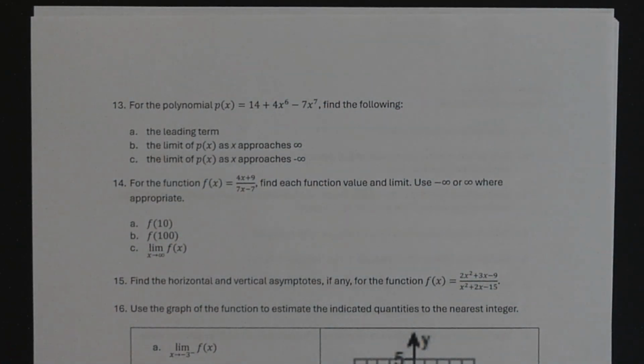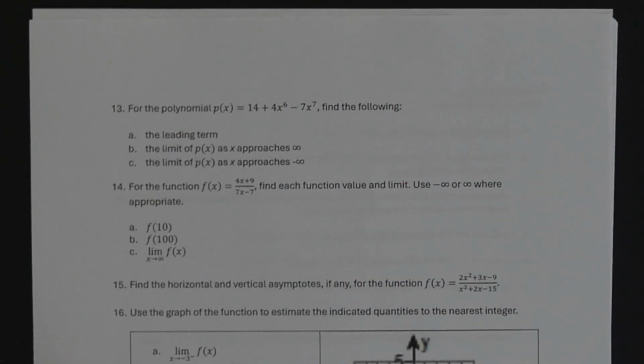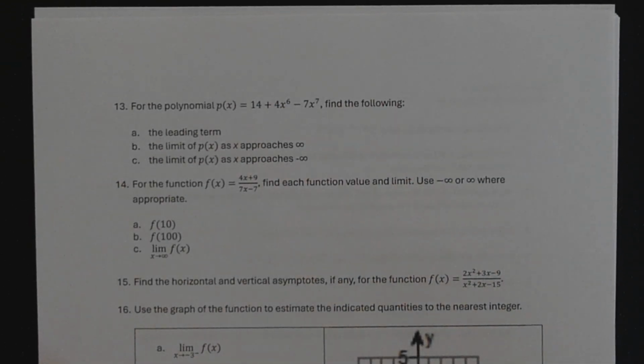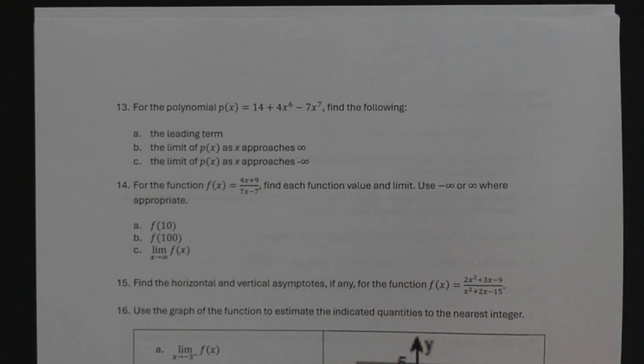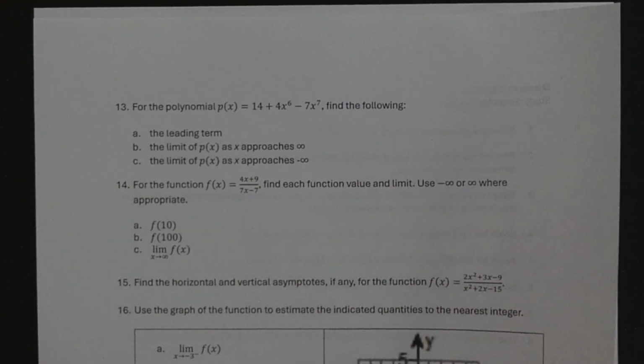For the function f of x equal to 4x plus 9 divided by 7x minus 7, we're going to find each function value and limit, using negative infinity or infinity where appropriate. In part A, we got f of 10, then f of 100, and then the limit as x approaches negative infinity of f of x.